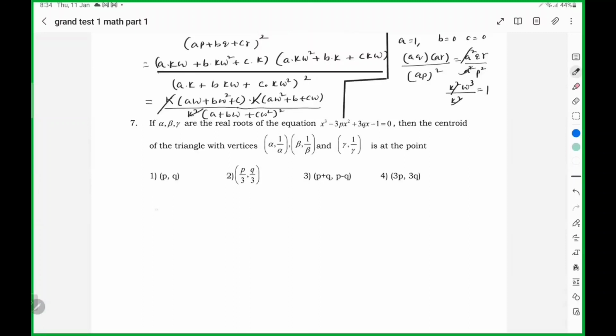Here, sum of the roots, taking two roots at a time, product of the roots is... no centroid.